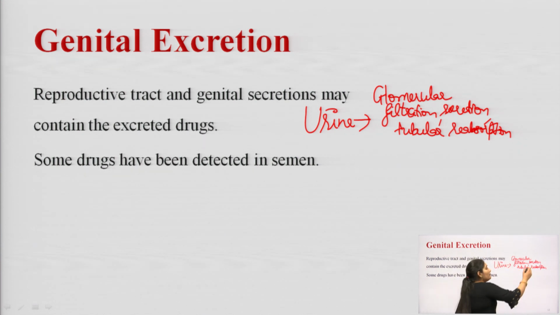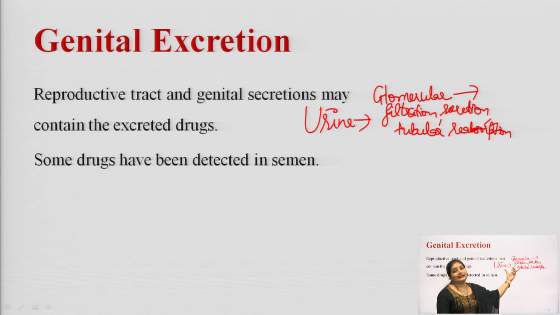And which type of drug molecule can be excreted into the urine? The drug molecules that are hydrophilic in nature, that are unbound, the drug component whose molecular weight or molecular size is less than 500 Dalton. That type of molecule can get easily excreted out into the urine. The another route is the bile.